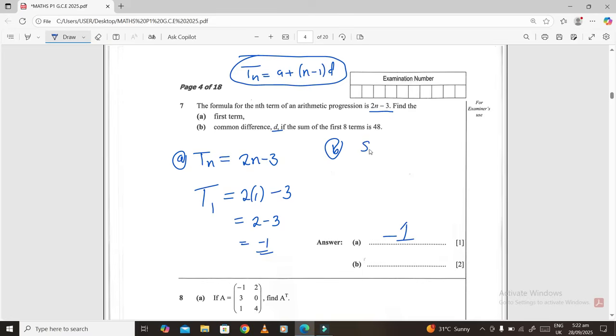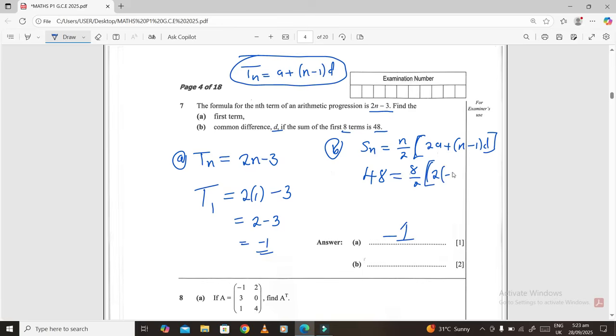We shall say sum is equal to n over 2, open bracket, 2a plus (n minus 1)d, close. So here we write 48 because they've given us the sum. So the sum is 48. For n we'll be writing 8. Wherever we see n, it's 8.